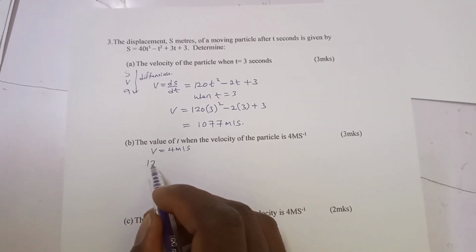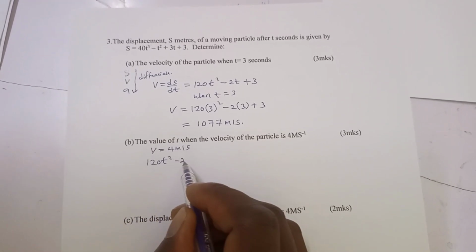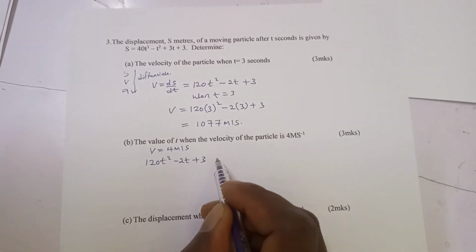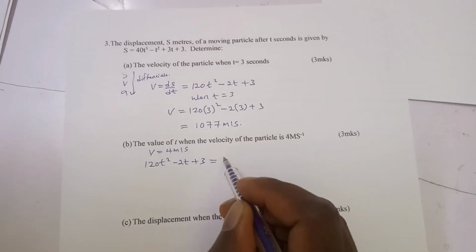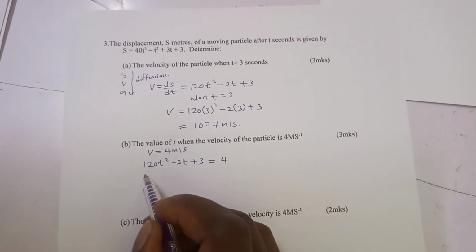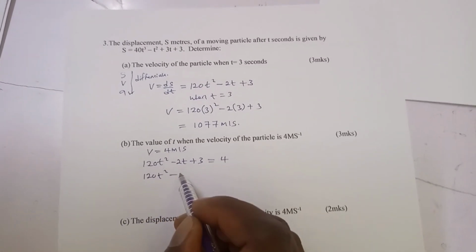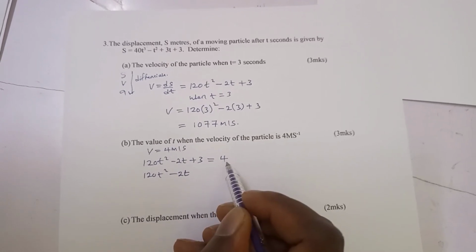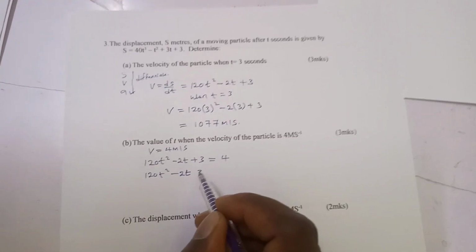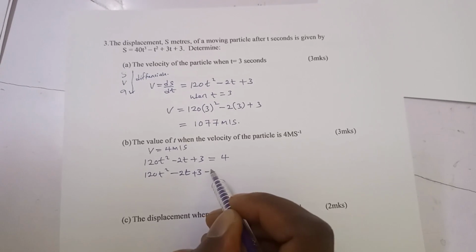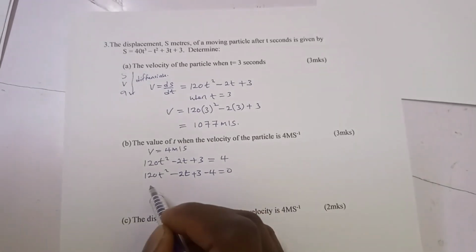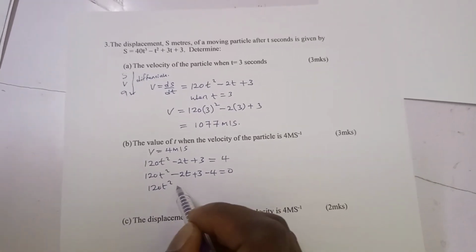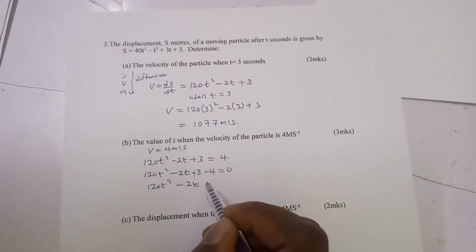So we are going to equate the equation for velocity to the given velocity. This gives us a quadratic equation, which we are supposed to solve using either factorization, completing the square, or the quadratic formula.